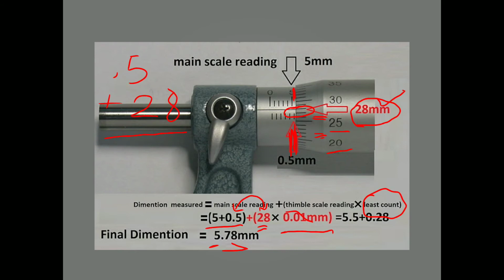So that will become 0.78. Then we add the total reading, that is 5.78 mm. So the reading taken by the micrometer screw gauge is 5.78 mm. You can observe in this calculation the least count is 0.01 mm.